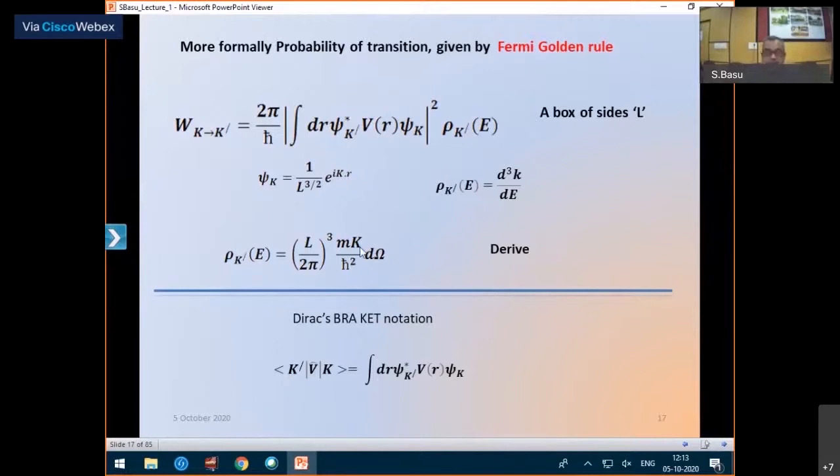So once I get this rho k prime, the flux of neutrons is nothing but velocity divided by L cubed, the volume. So h cross k by m L cubed, psi I have given. So ultimately, I get an expression for d sigma. This is for a system where I have not considered the dynamics.